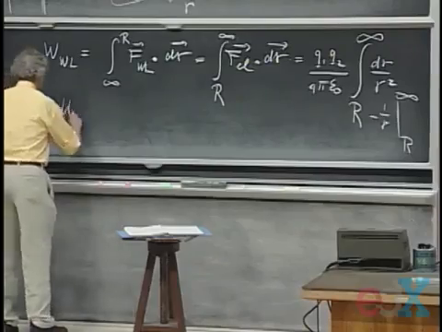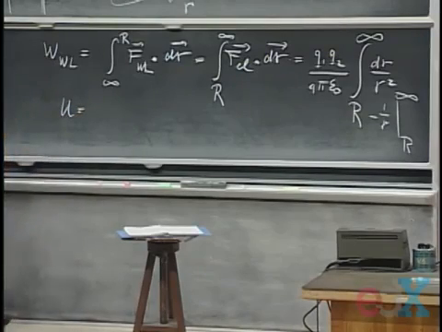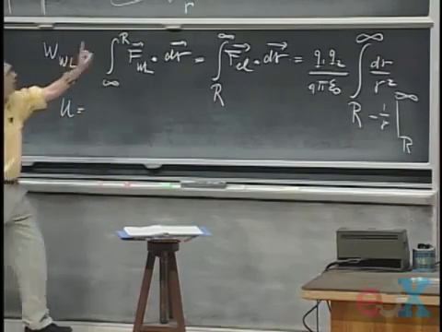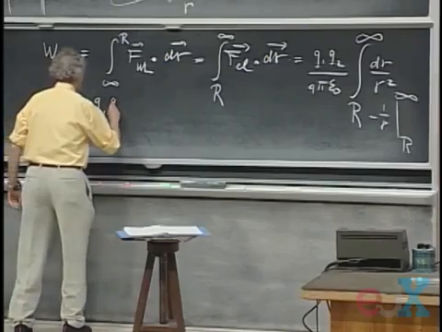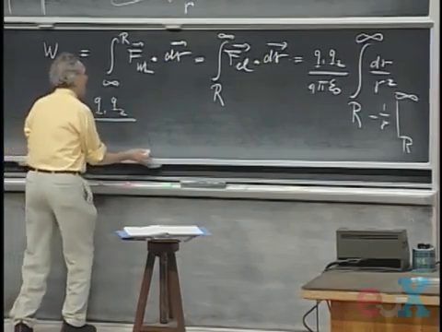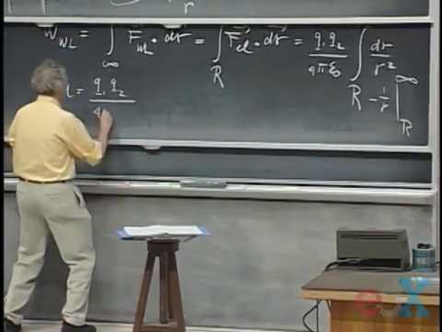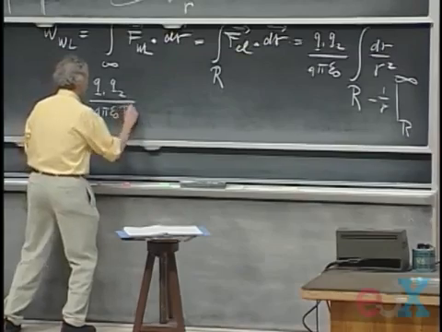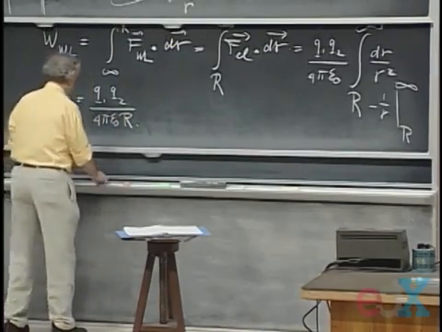And so U, which is the energy, the work that I have to do to bring this charge at that position, that U is now Q1 times Q2 divided by 4 pi epsilon 0 divided by that capital R.